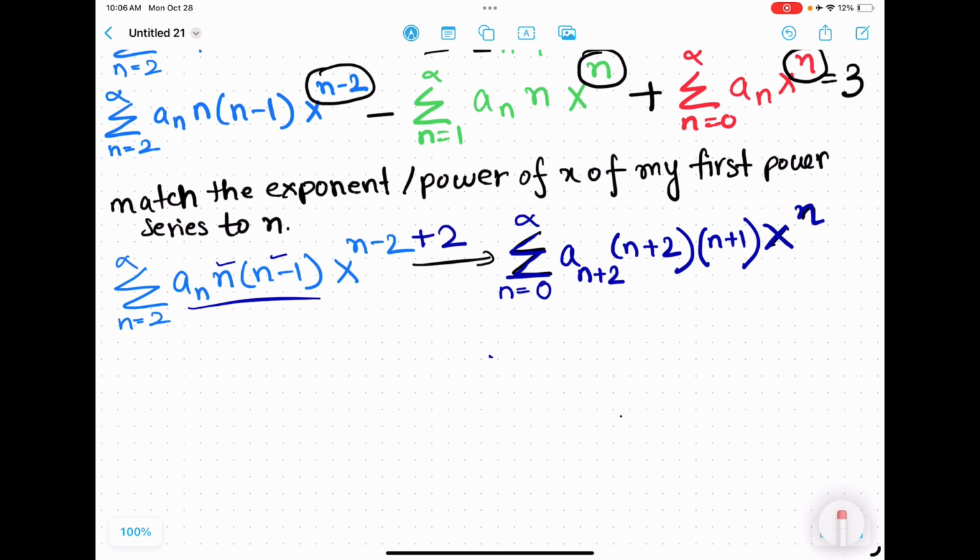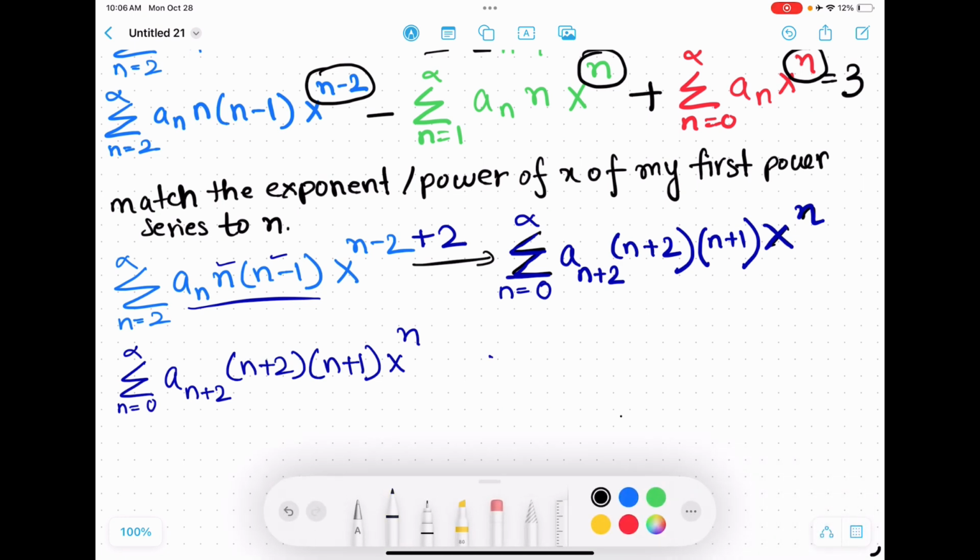So now it has become the summation from n equal to 0 to infinity a sub n plus 2 times n plus 2 times n plus 1 times x to the power n.